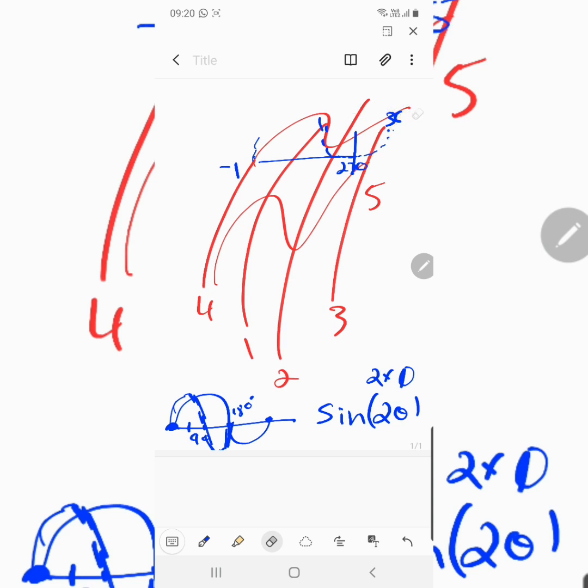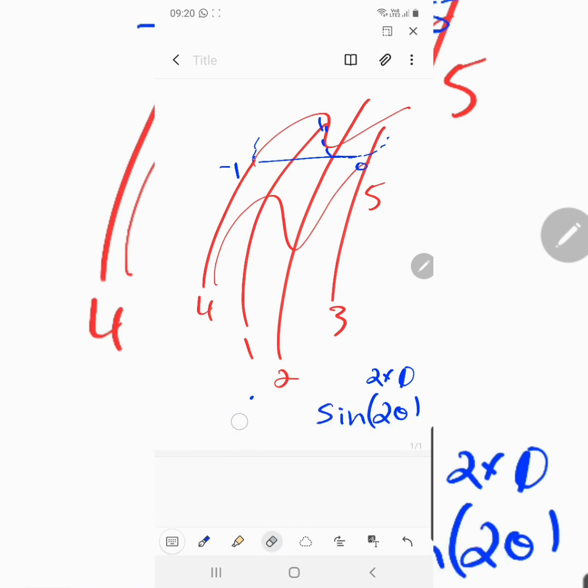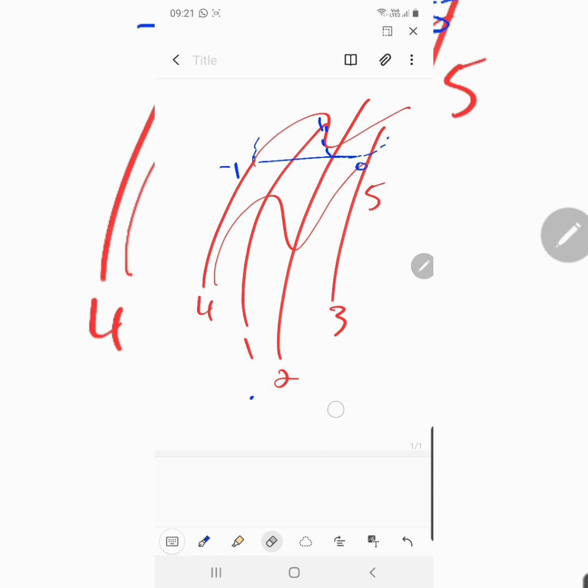something to do with a base as the sine curve, probably, and sort of a tilt. But that's that, yeah.